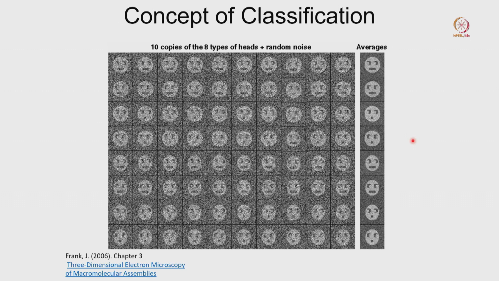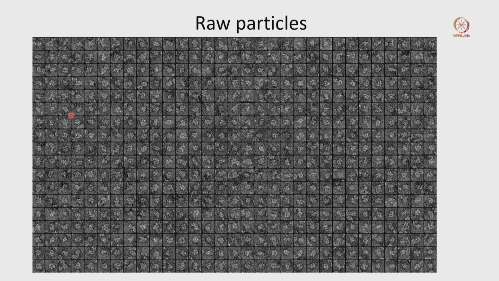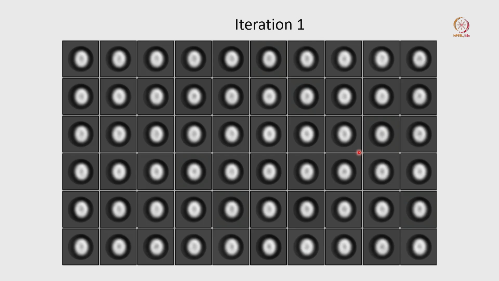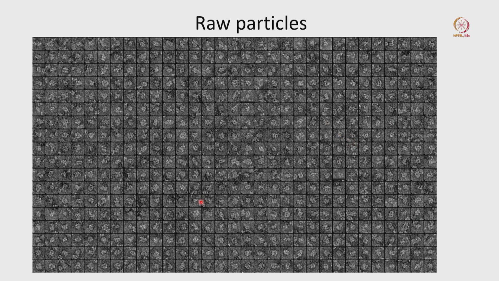Now, if you come here, this is our raw particle set that I was discussing again and again. You can see that most of the time the contrast is not that great because it is always adding some noise.